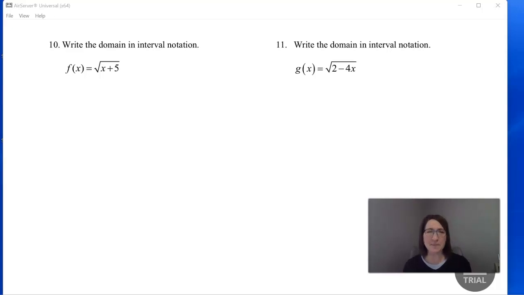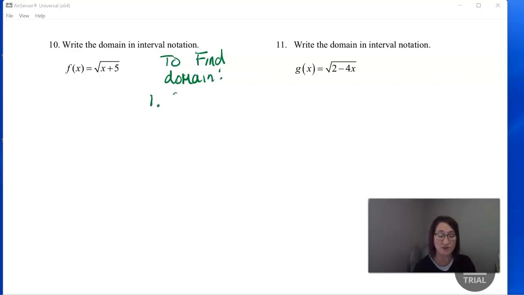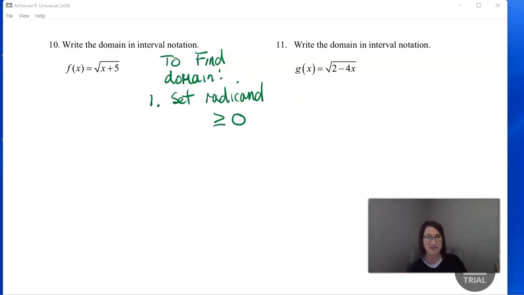So now let's go to square roots. How do we write the domain for something that's a square root? So instead of finding the exclusions when we have square roots, we're going to go directly to find the domain. And what we're going to do is set the radicand, wow, that's a fancy word, into an inequality greater than or equal to 0.